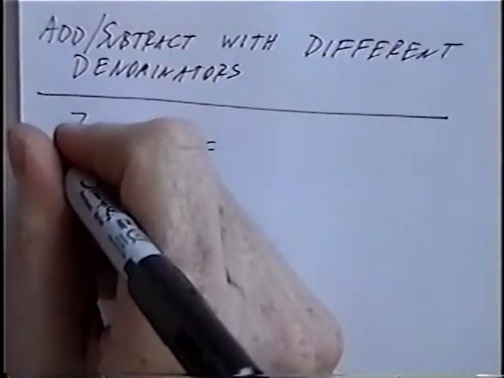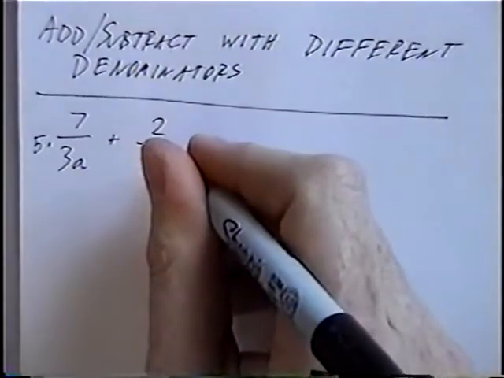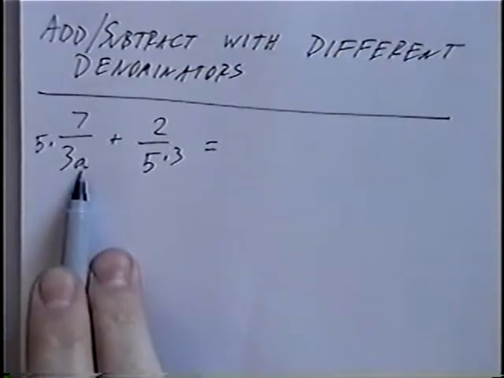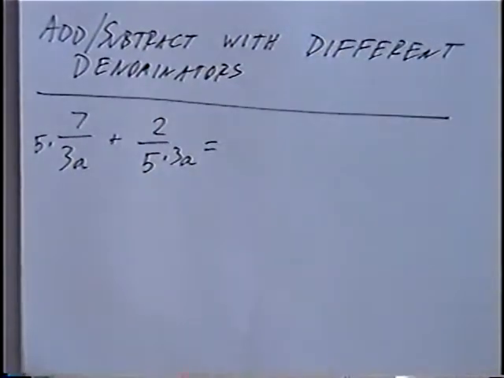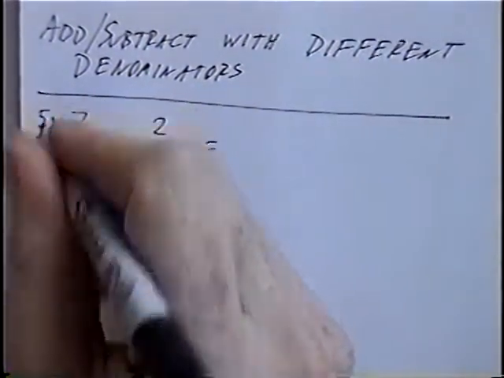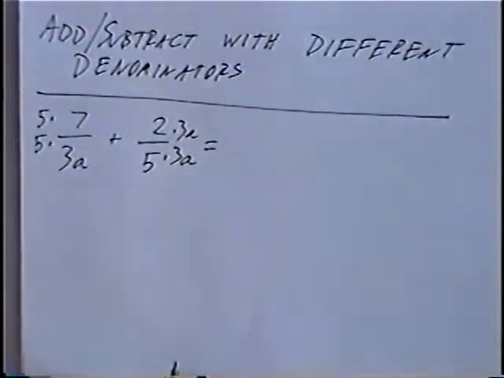For example, we can multiply this one by 5 to make this 15, and this one we can multiply by 3 to make that 15. Also, the first fraction has an a, which means the second fraction also needs an a. When we're multiplying by 5, keep in mind you want to multiply the top by 5, and the second fraction will be multiplied by 3a.